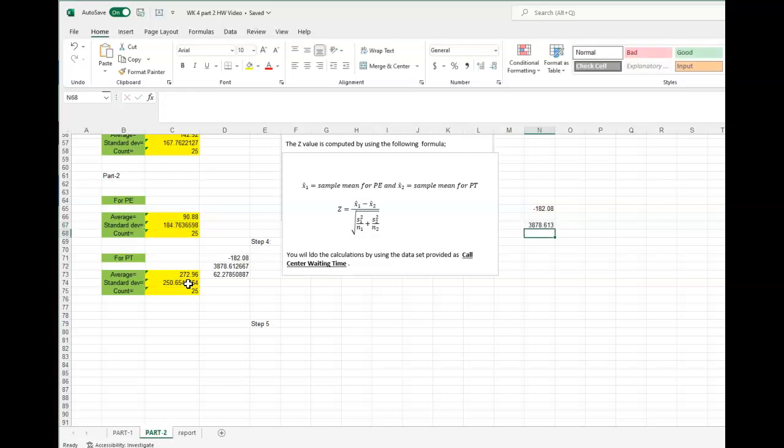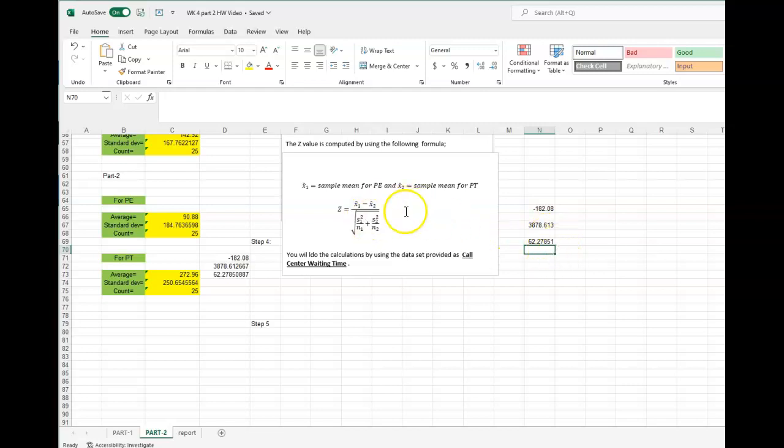Enter. So you get 3876. Now you take the square root of this to get the denominator. So equal to SQRT of this. Boom, you got 62.